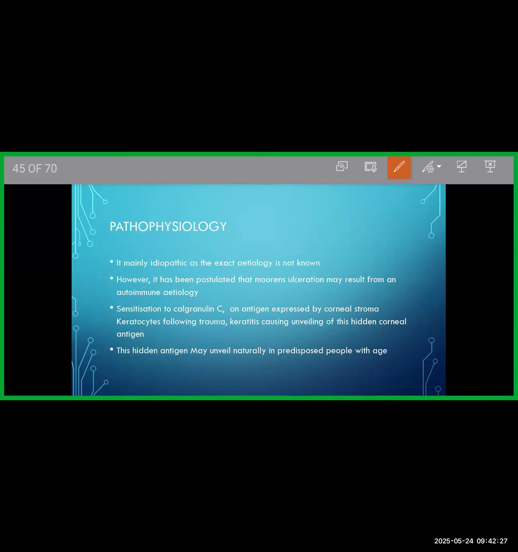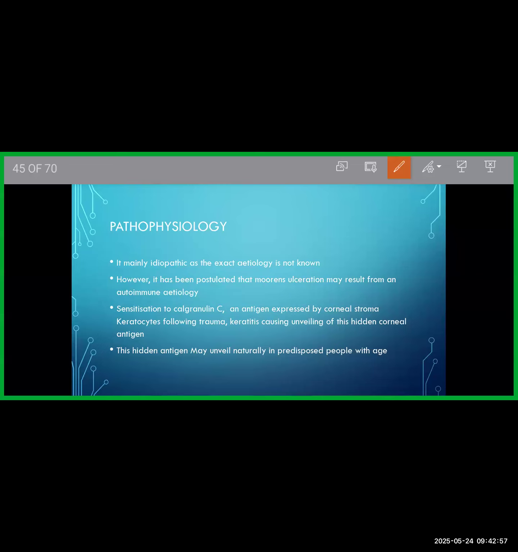The pathophysiology, as I mentioned earlier, is mainly idiopathic. So the exact etiology is unknown. However, it has been postulated that Morin's ulcer may result from an autoimmune etiology, from sensitization to calgranulin C, an antigen expressed on corneal stromal keratocytes, following trauma or keratitis, causing unveiling of this hidden corneal antigen.